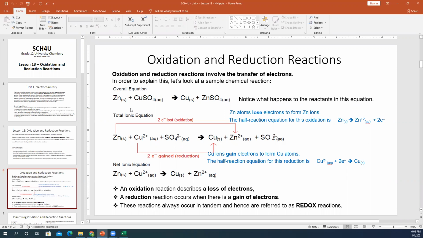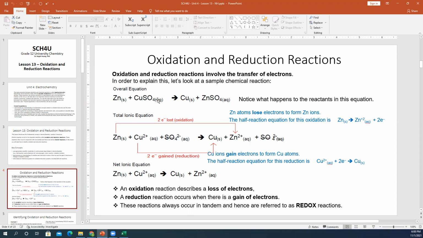Okay. So yeah, here in this example reaction, we have zinc in its solid state. So solid zinc metal is being reacted with copper sulfate, and this is aqueous.